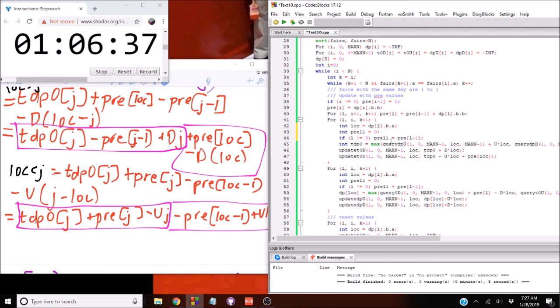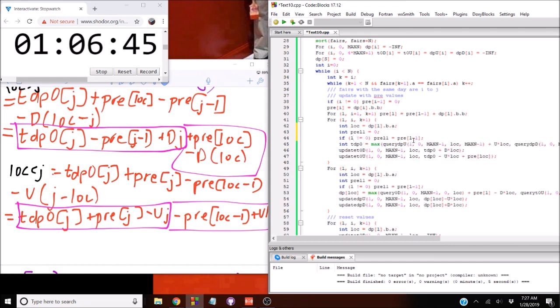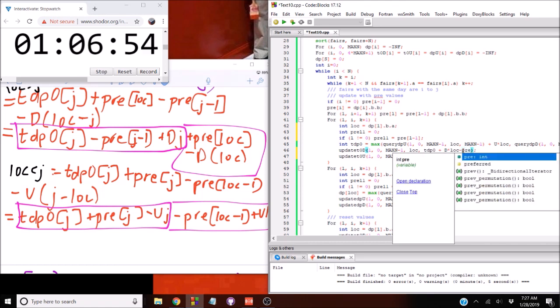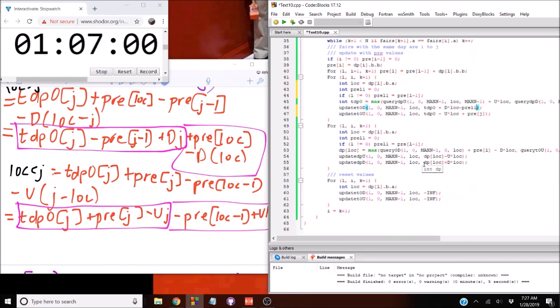This should actually be lock minus 1, so that's fine. If L is not equal to 0. Oh, this should be L, actually. This should not be lock, this should be J. Okay. I think all of these are right.